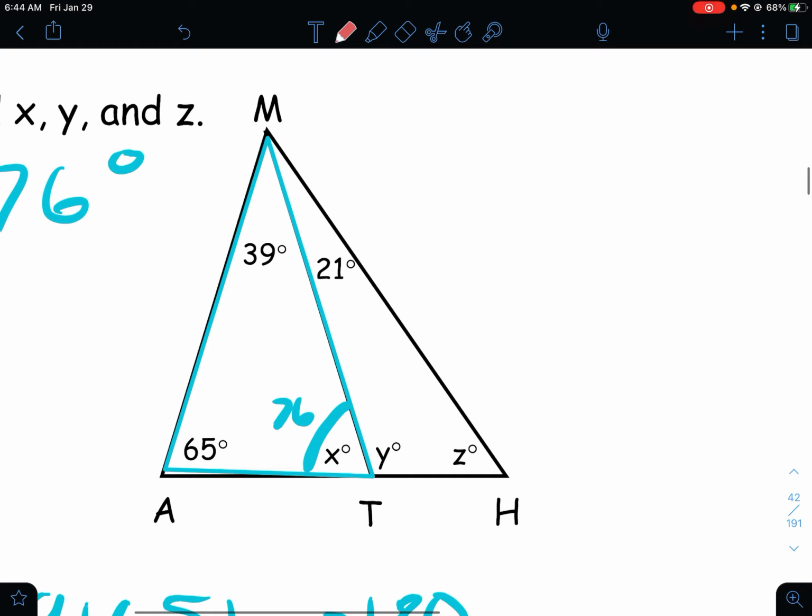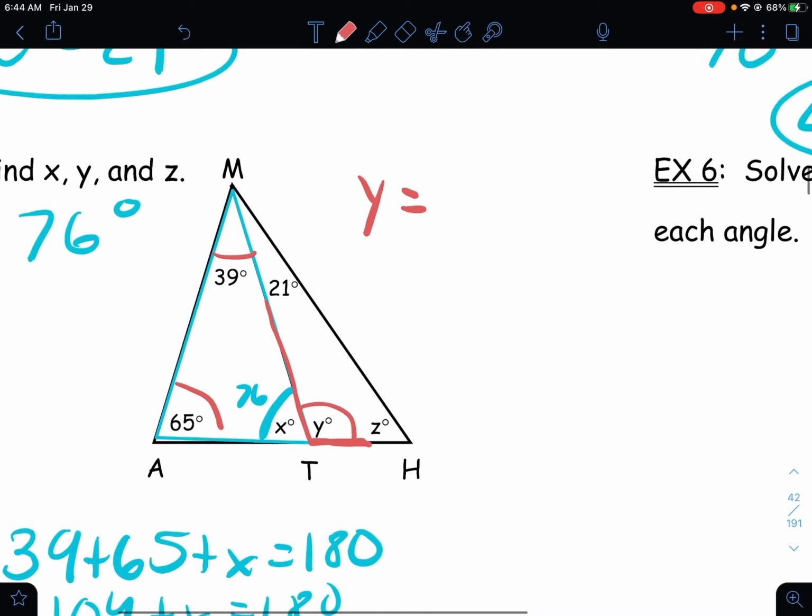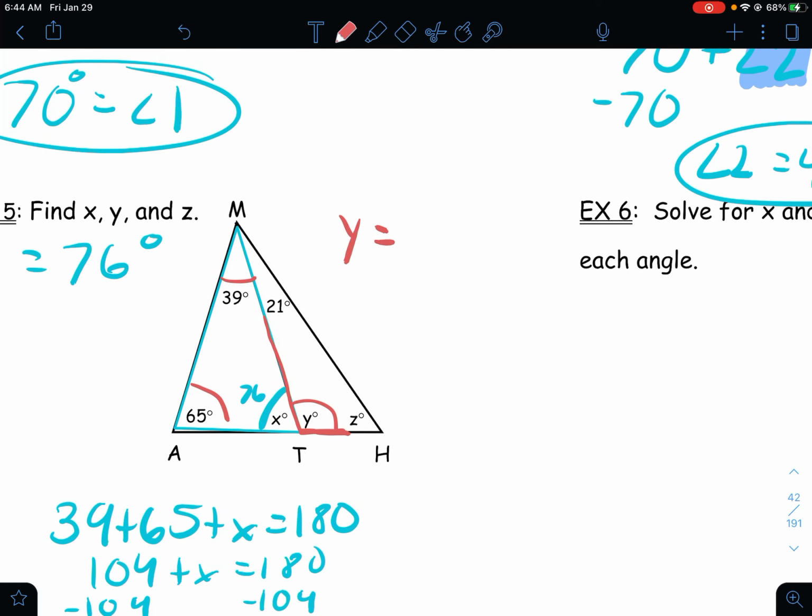Because if we're looking, y is going to be the exterior angle of this triangle. And that means that y is going to have to equal this angle plus this angle, following that exterior angle theorem. So we could say y equals 39 plus 65.